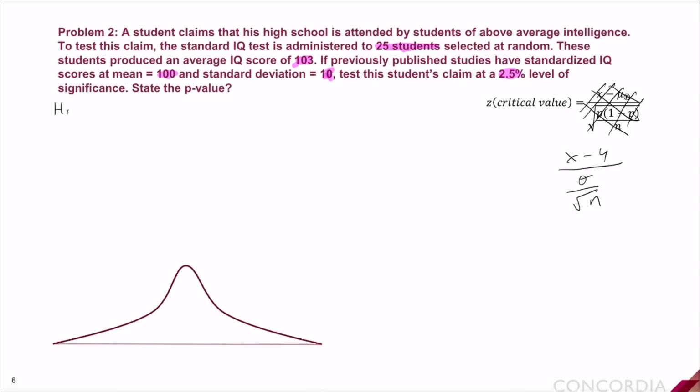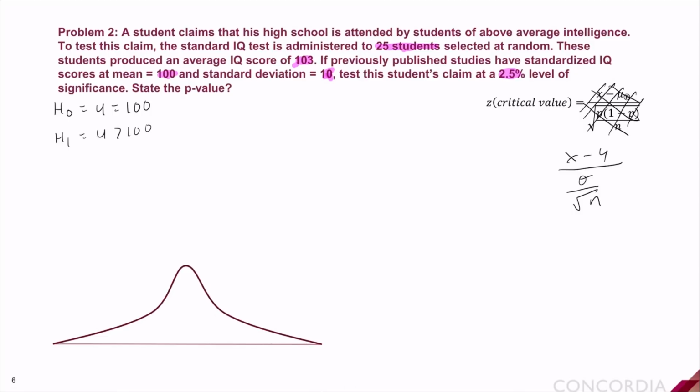H0, which would be the standard, would be that the mean is equivalent to 100, since we'd have to assume that this school is the same as every other one. And then H1 would be our claim that this school is above in terms of intelligence than all the other schools, so our mean would have to be greater than 100.